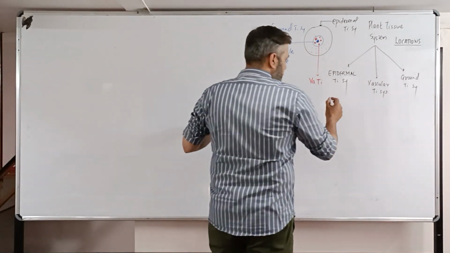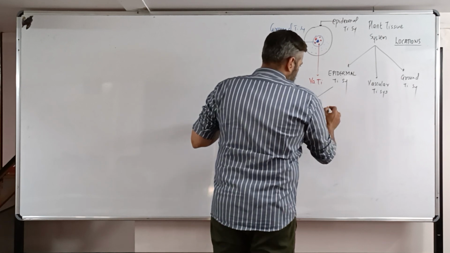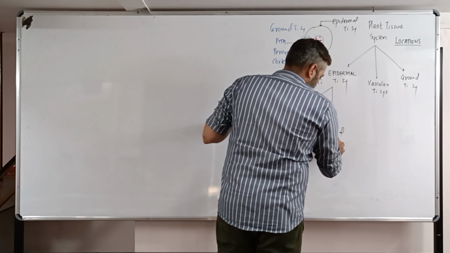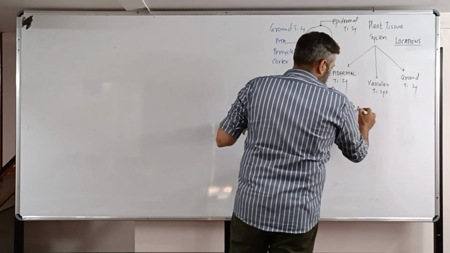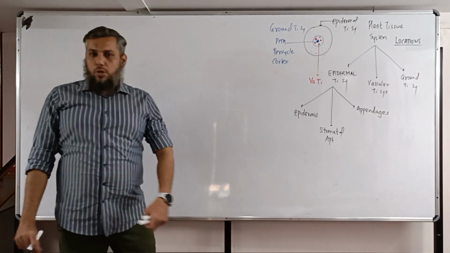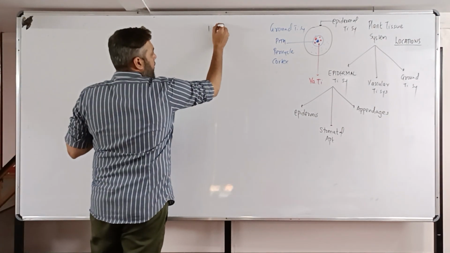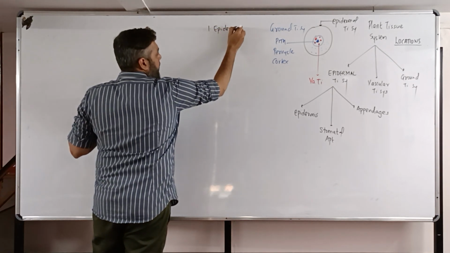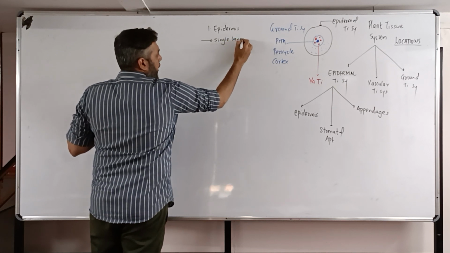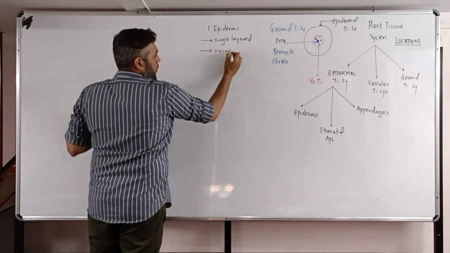The epidermal tissue system consists of epidermis, the stomatal apparatus and the appendages. I see the presence of an epidermis, which is usually a single layer of parenchymatous cells, which are vacuolated.